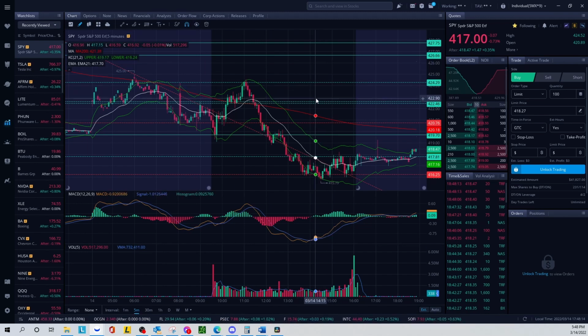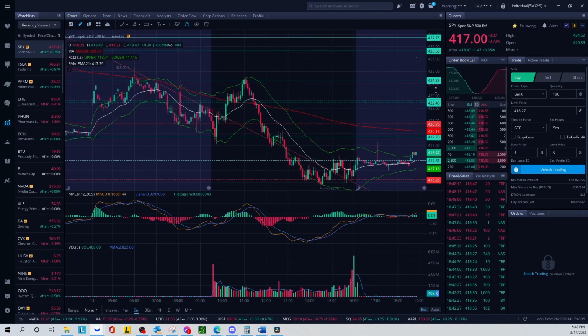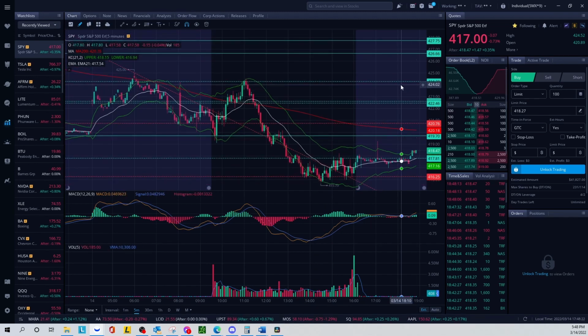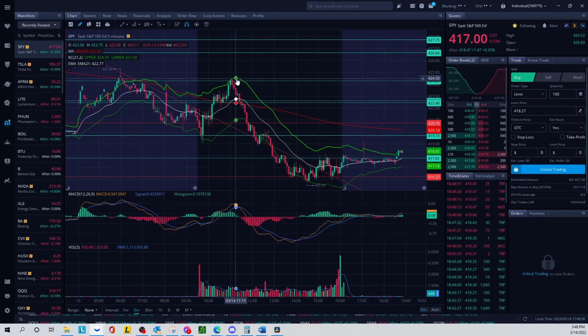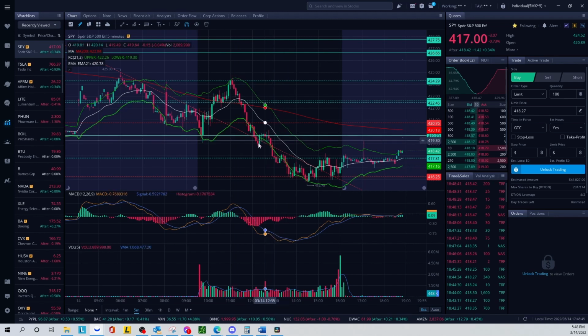And so you can kind of see what that looks like when I draw these intraday support and resistance lines. And so you just want to keep an eye on your trades as you start to approach those lines. You want to keep an eye on your trades when you approach these extremes of the Keltner channel, and those key levels that you've already drawn out, these horizontal lines for support and resistance.